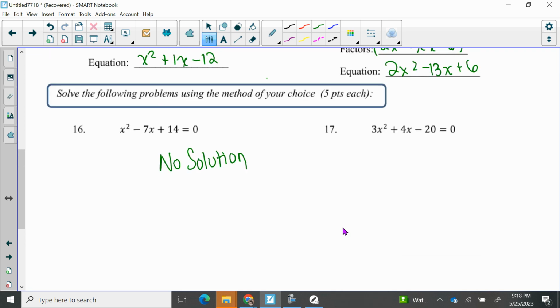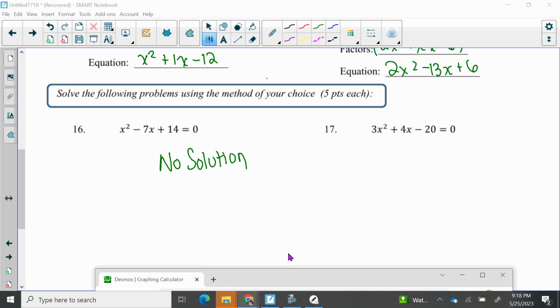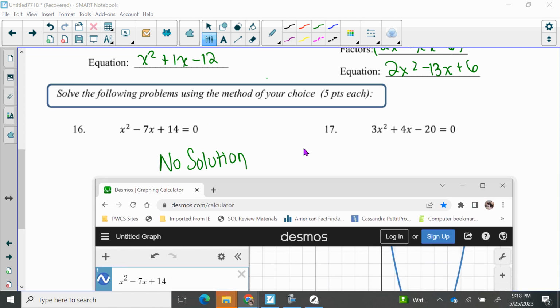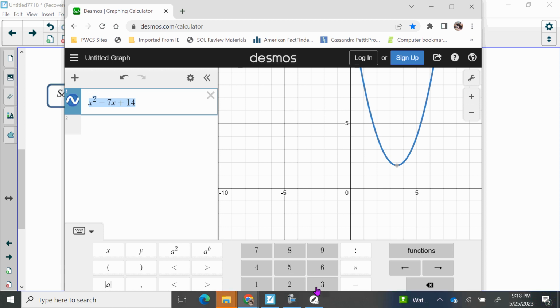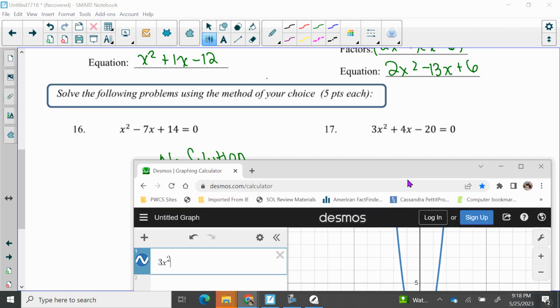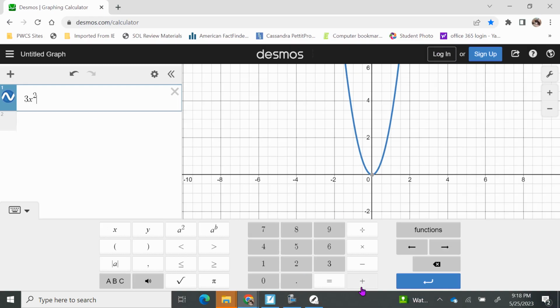Okay, and then let's do this next one. 3x squared plus 4x minus 20. So we have 3x squared. And that's plus 4x, right? Yes. Sorry, guys. Plus 4x minus 20.